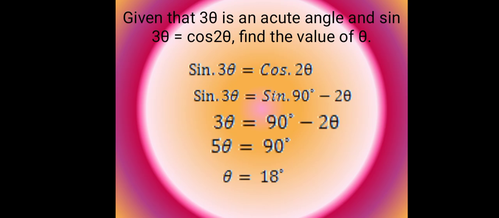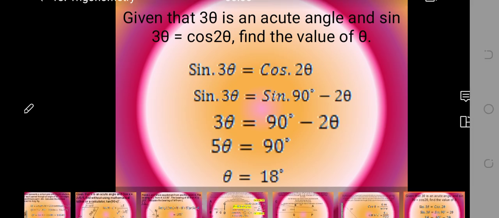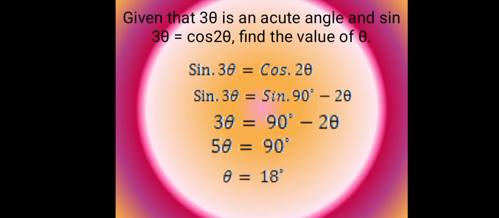So having equated that, sine 3 theta is equal to sine of 90 degrees minus 2 theta, we drop the sines and solve. So we get that theta is equal to 18 degrees.